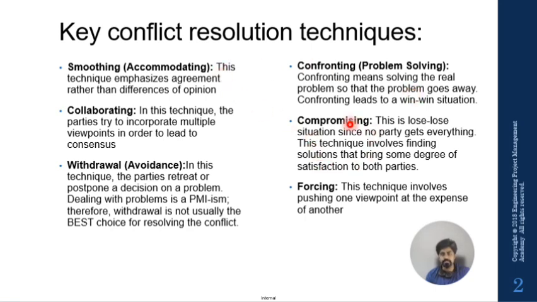And compromising is a direct opposite of confronting, a lose-lose situation where everybody compromises, yourself, the team, and everybody, because you think there's no other solution to go forward. Instead of satisfying both parties, you make both parties compromise, and they have a middle ground where no party gets everything, and someone has to let go of something.